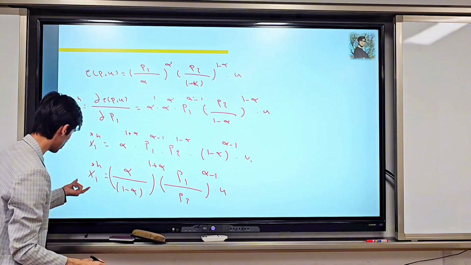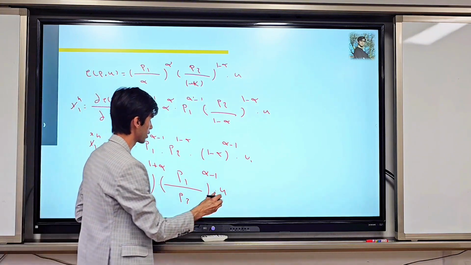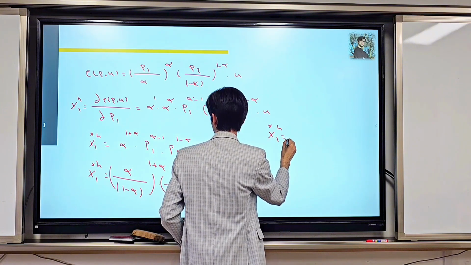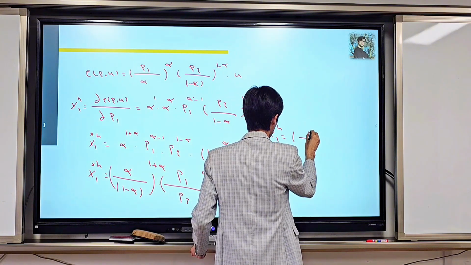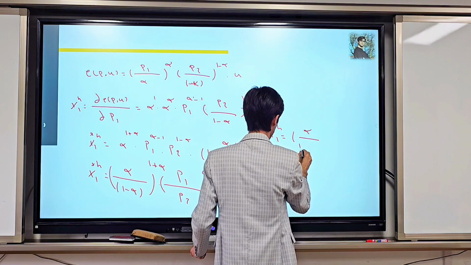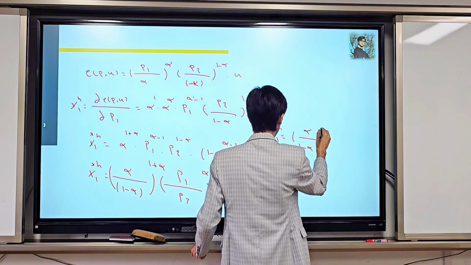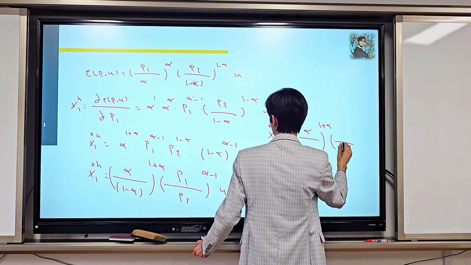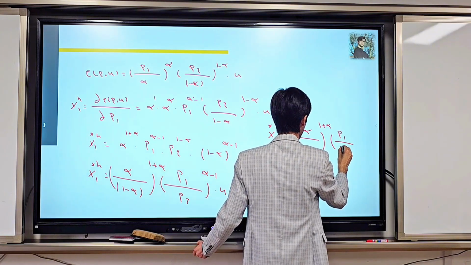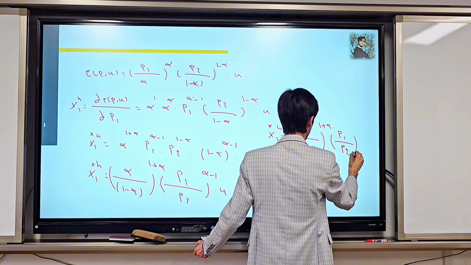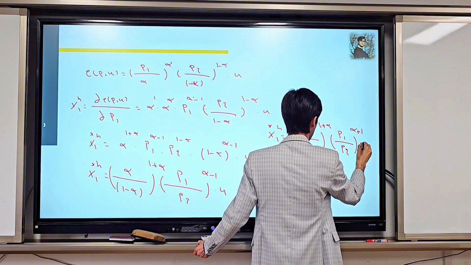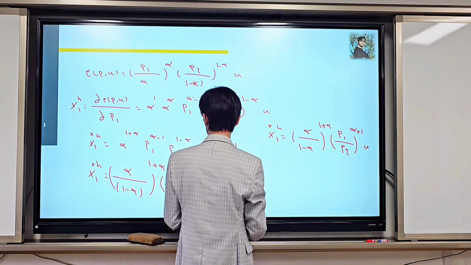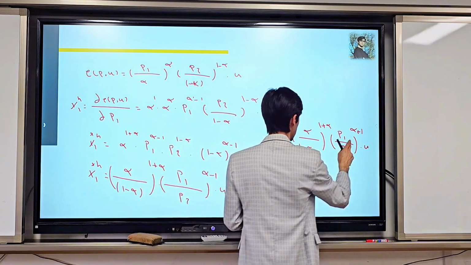So now, as you see, this x1h star is equal to alpha over (1 minus alpha) to the power of 1 plus alpha multiplied by (P1 over P2) to the power of alpha, multiplied by U. Minus 1, yeah.